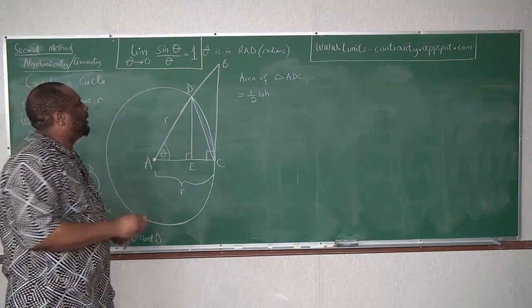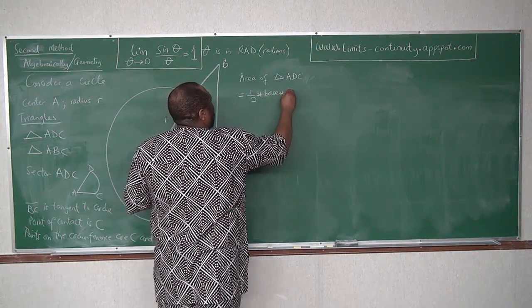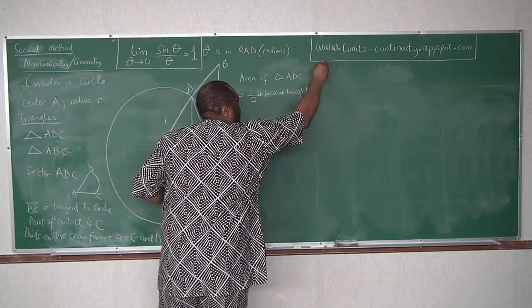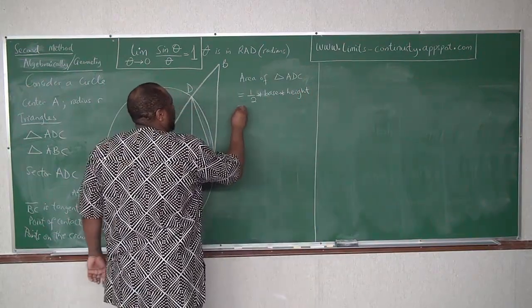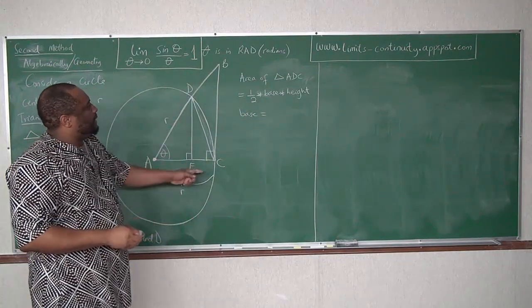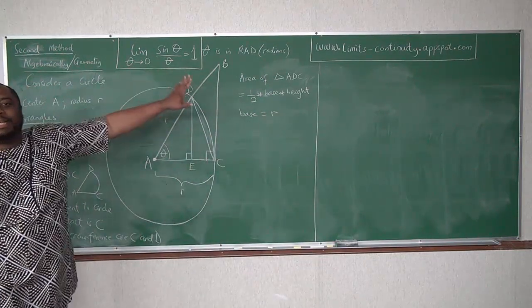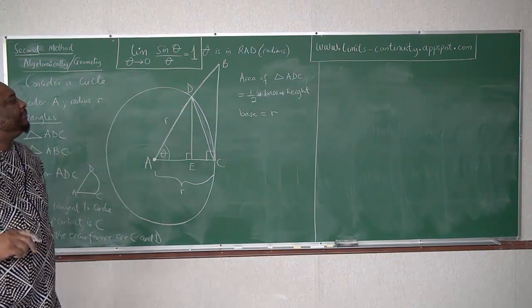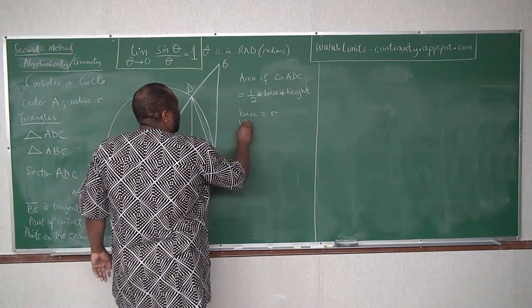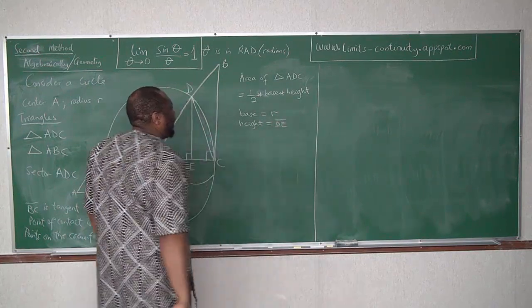Now the base here, let me draw this. The base here is R, triangle ABC, so the base is the radius. Remember, our theta is still in radians. And then the height is DE. Line segment DE is the height.